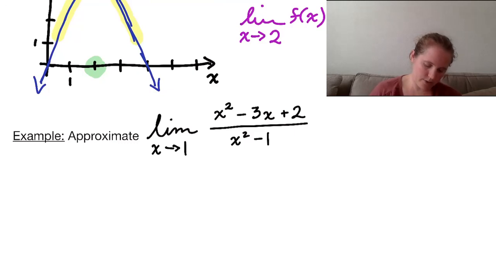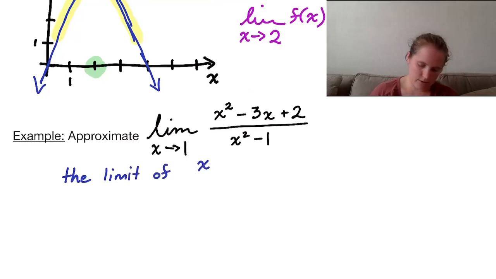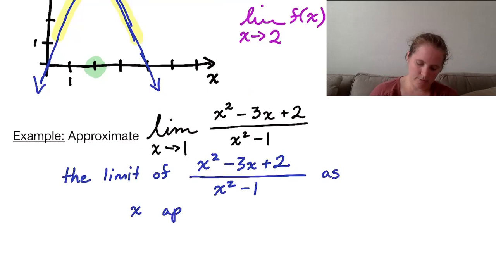What we are looking for here is the limit of that rational function as x approaches 1: the limit of x squared minus 3x plus 2 over x squared minus 1 as x approaches 1.